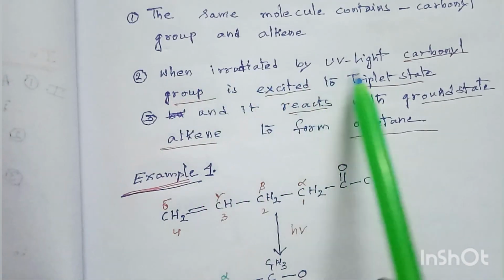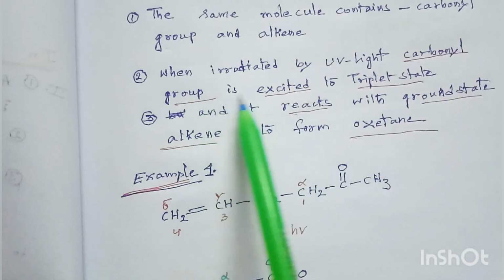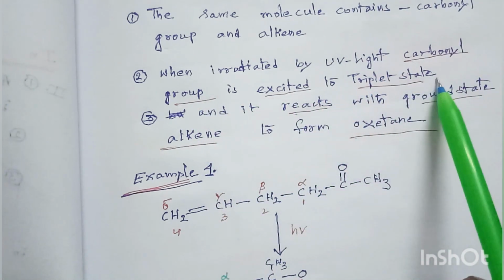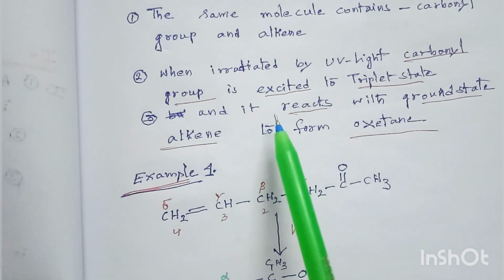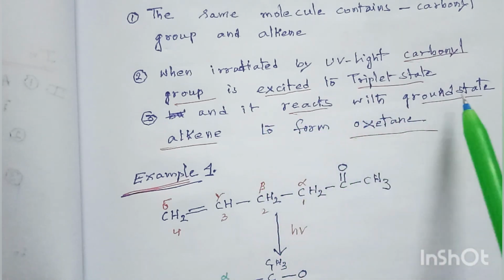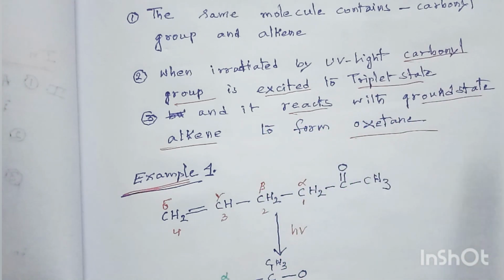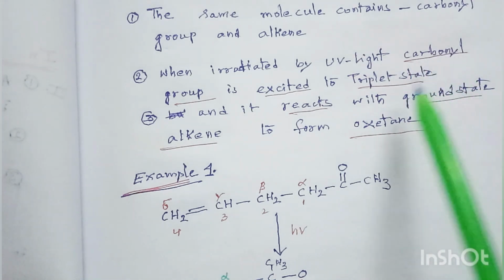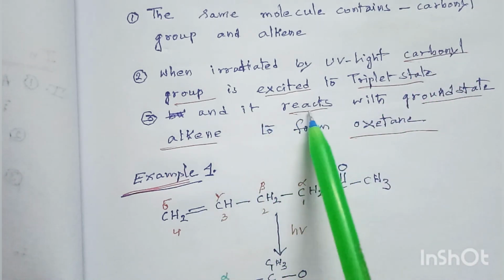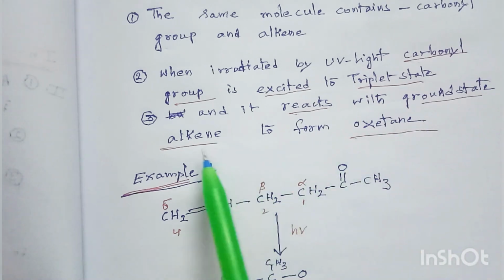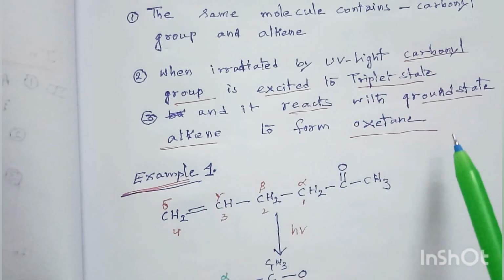When irradiated by UV light, the carbonyl group is excited to the triplet state, whereas the alkene is in the ground state. So the carbonyl group excited to the triplet state reacts with the ground state alkene to form an oxetane.